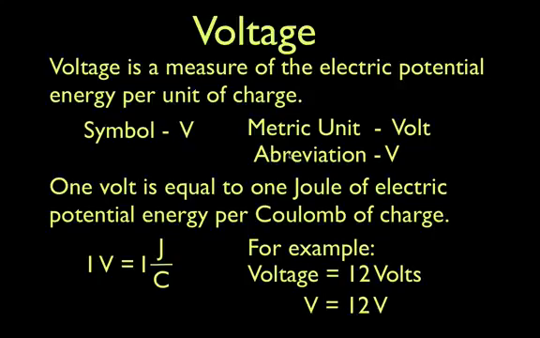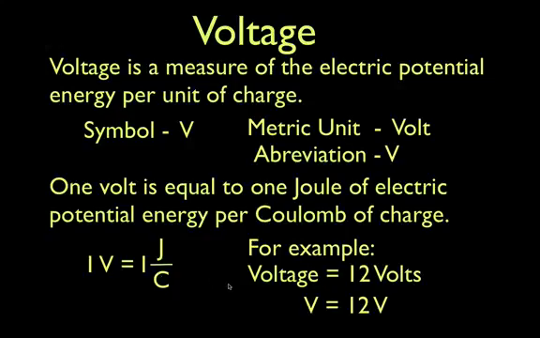Okay? Now, what is 1 volt? 1 volt is equal to 1 joule of electric potential energy per coulomb of charge. Once again, it's joules per coulomb. So really, a volt is an abbreviation for joules per coulomb. 1 volt is 1 joule per coulomb, electric potential energy.